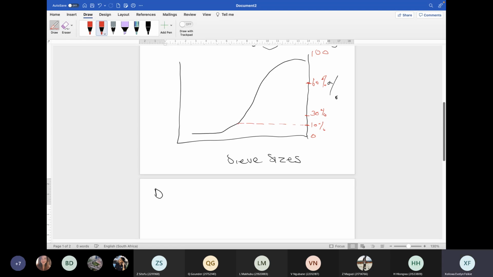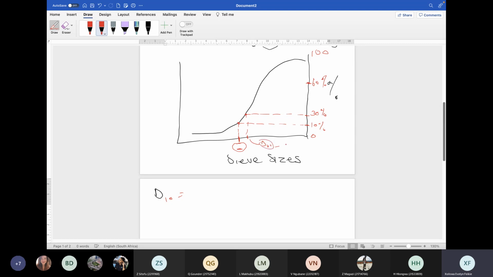Where that line intersects with your graph, you draw a vertical line. In terms of sieve sizes, the size that you get here will be your value of D10. D30, you do the same. Horizontal line, it intersects with your graph. This is your value for D30.